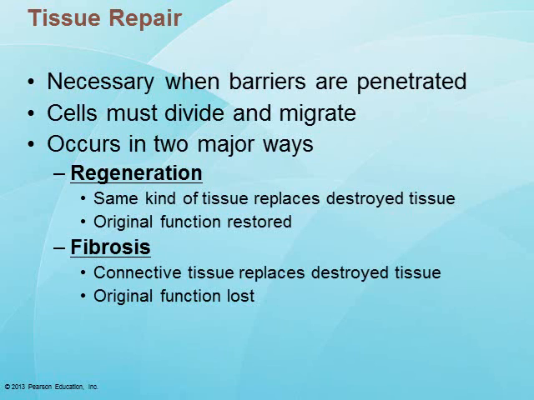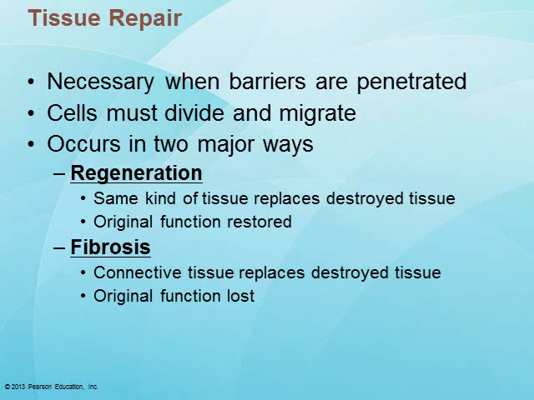If that barrier gets damaged, we need to heal it as soon as possible to prevent other things from going into our body. So first you need to generate new cells, which divide and migrate to the damaged place to fill the gaps. Normally there are two major ways, which we already learned in earlier lessons. One is regeneration.